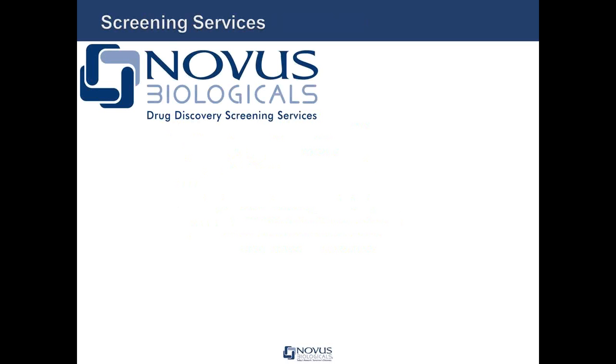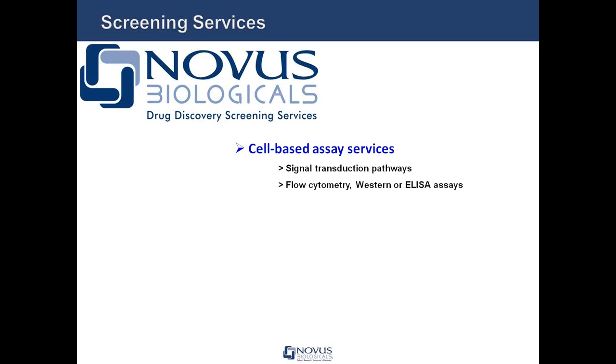We have screening services called Novus Biologicals Drug Discovery Screening Services. We provide cell-based assay services for signal transduction pathways, and we also provide flow cytometry, Western, or ELISA assays.